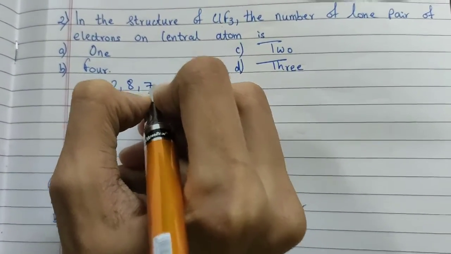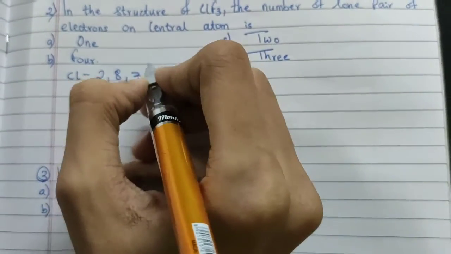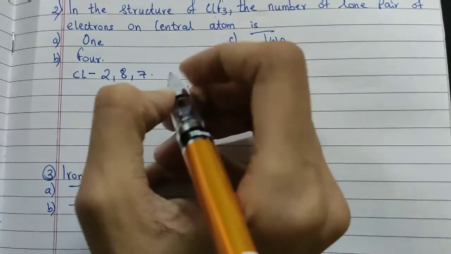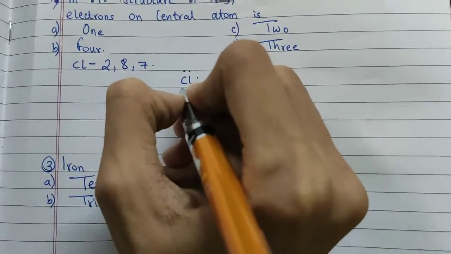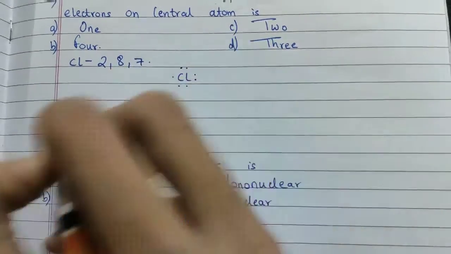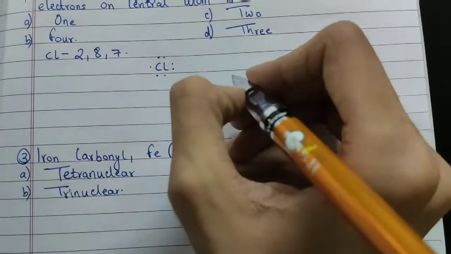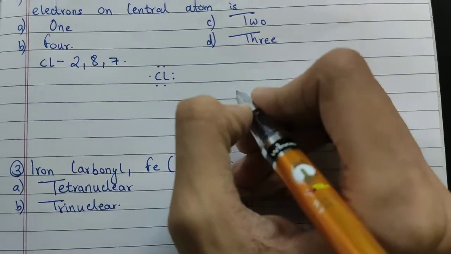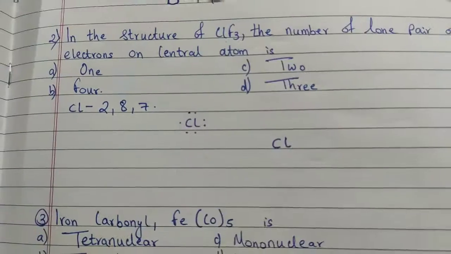We all know that the electronic configuration of chlorine is 2, 8, 7. That means chlorine has 7 electrons in its outermost shell, so I am drawing 7 dots over here. That is how chlorine looks. I am putting chlorine here because it is the central atom.